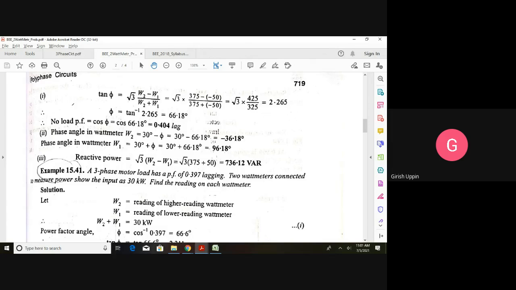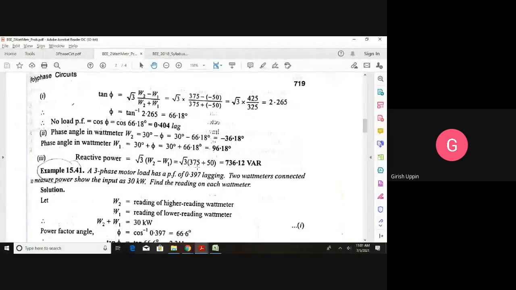If you divide it by cos phi, it will become volt ampere, that is the apparent power. And if you multiply it with sine of this angle, you will get the reactive power. Whichever way you want, you can find it. So simple is this. You remember the reactive power formula, root 3 times W2 minus W1.